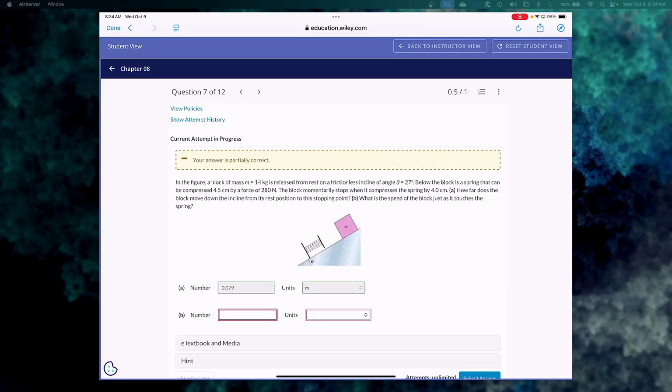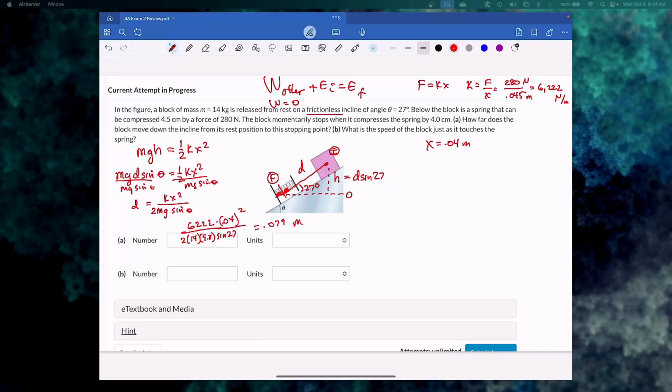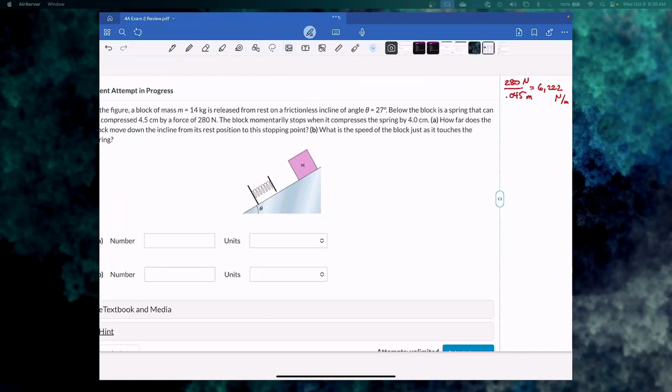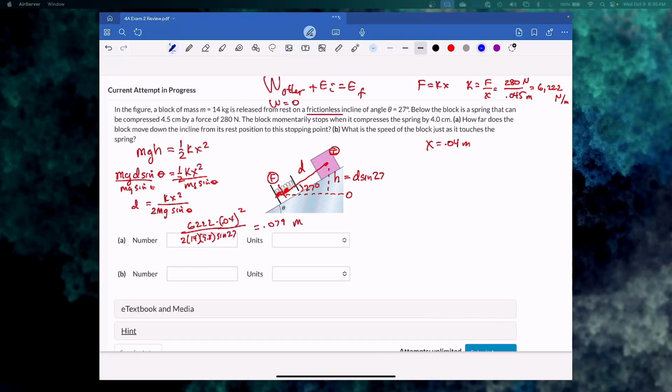All right, what is the speed of the block just as it touches the spring? So now we alter things just slightly, don't we? Where's our final point going to be now? The final point is going to be right as it touches the spring.